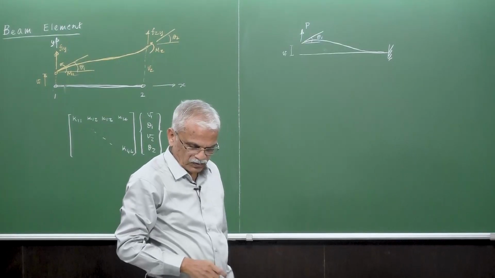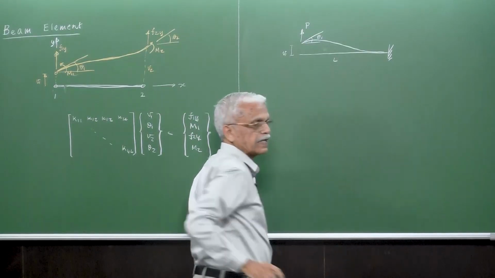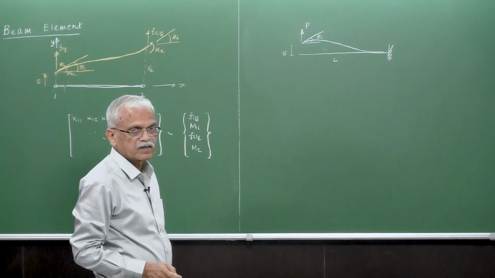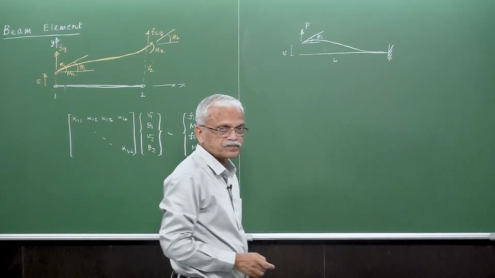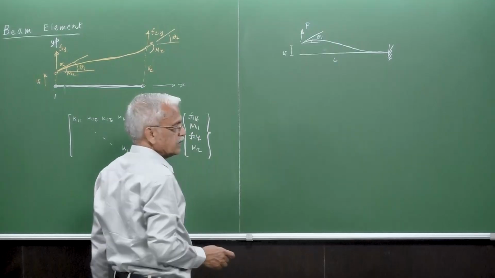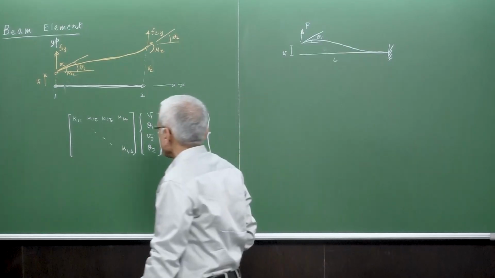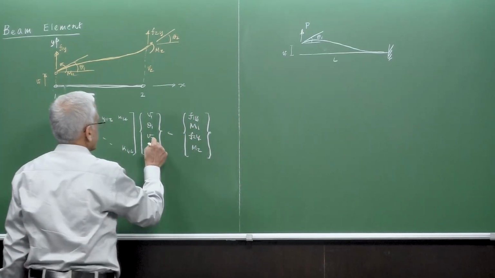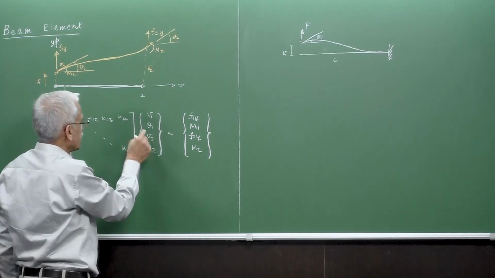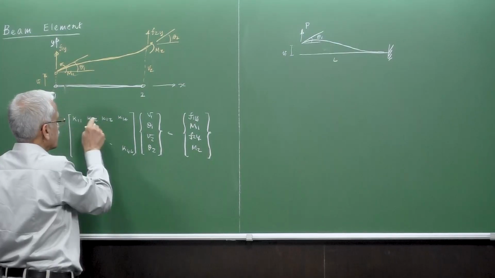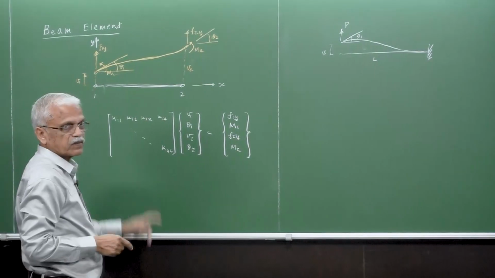Okay, so this is how we get it from the cantilever being acted upon by a force here. Essentially we are following the earlier approach of unit displacements, in the sense that if you keep V2 and theta 2 at 0 and give some V1 and theta 1, what we get here are the components K11, K12, K21, K22, right?